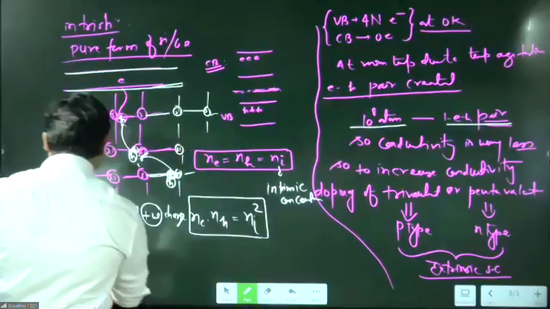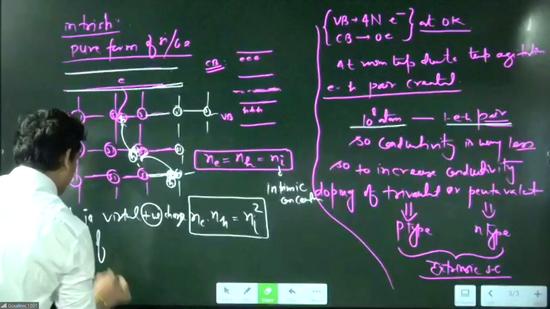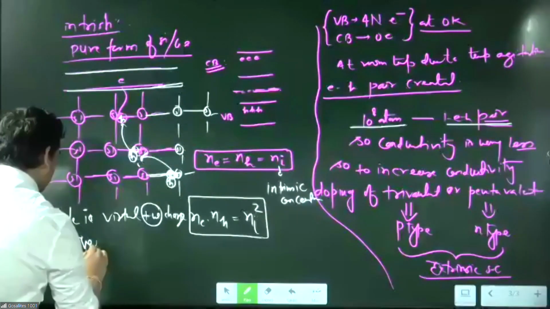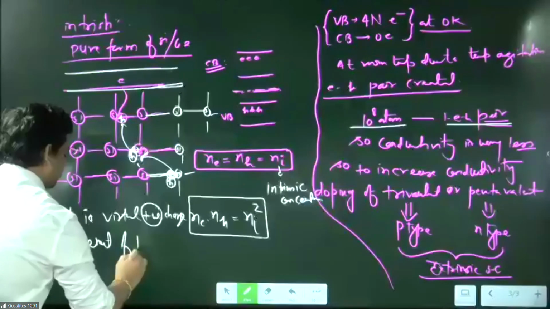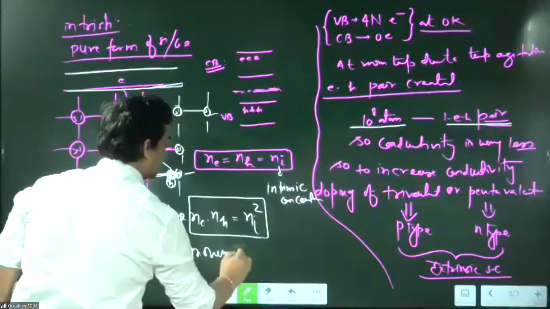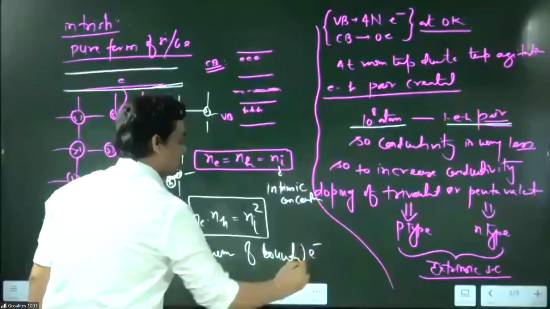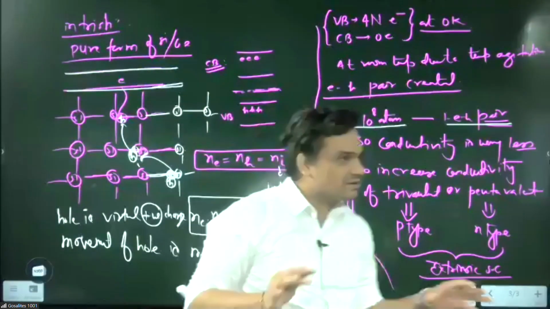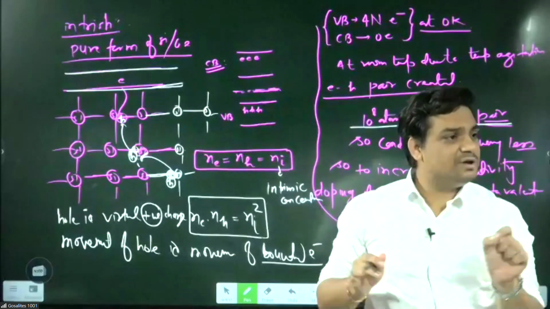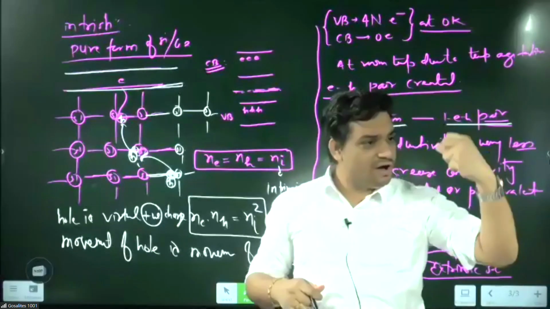So you can write here: movement of hole is movement of what? Bounded electrons. Now, bounded electrons will be moving with more energy or lesser energy?